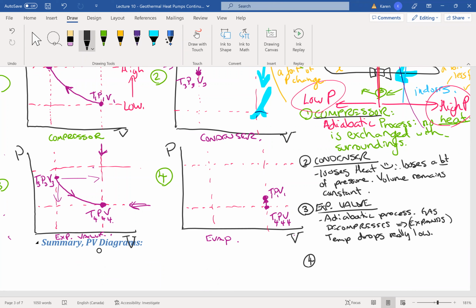Okay, so expansion valve, where was I? Okay, 4, what is 4? This is an evaporator.